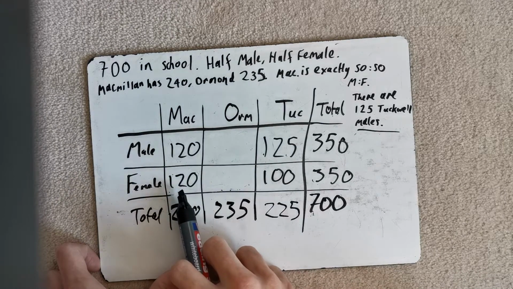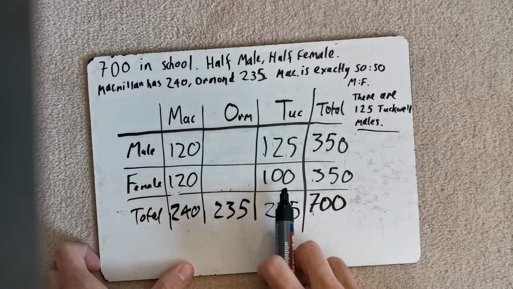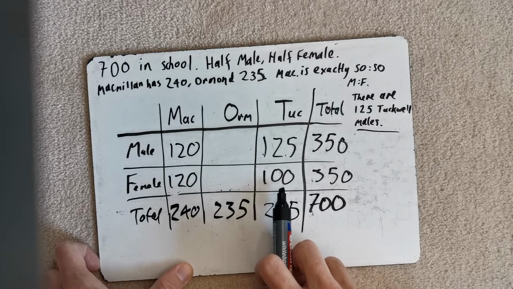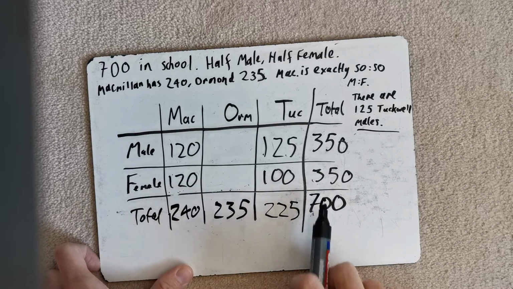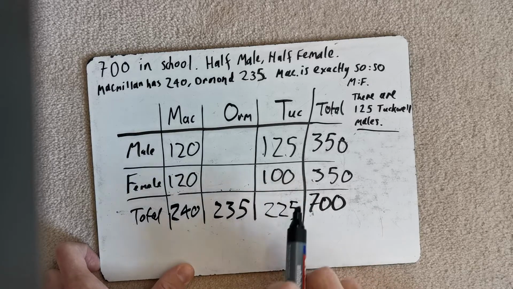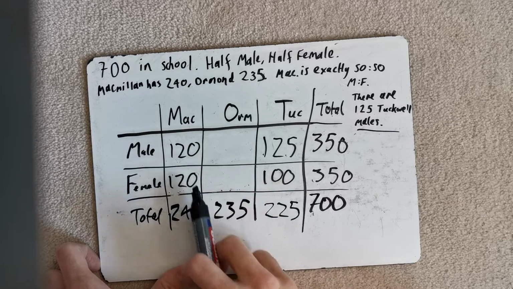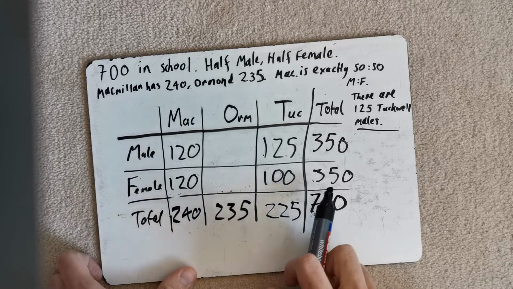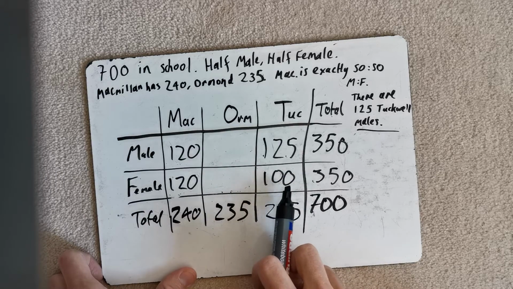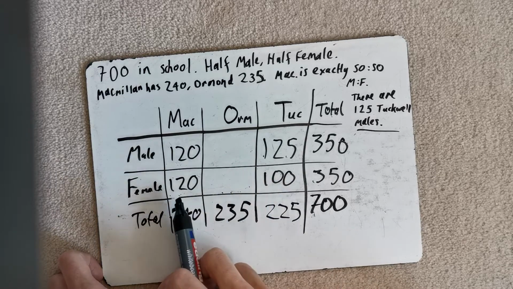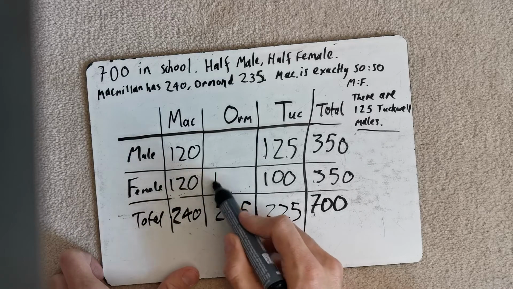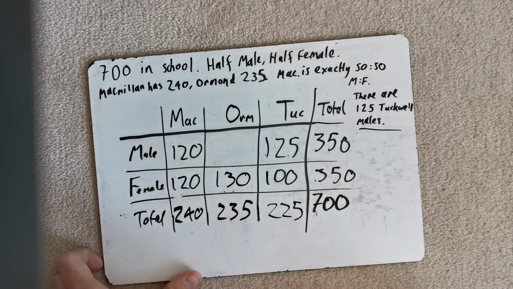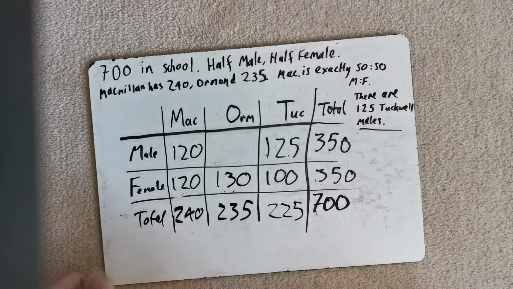So 120 Macmillan girls, 100 Tuckwell girls, and there's 350 in total. So let's take both of these away from that 350 to see how many Ormond girls we've got. So 350 take away 100 is 250. 250 take away the 120 will be 130 Ormond girls.